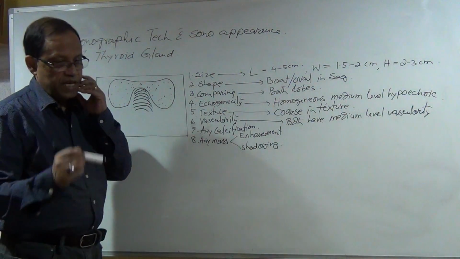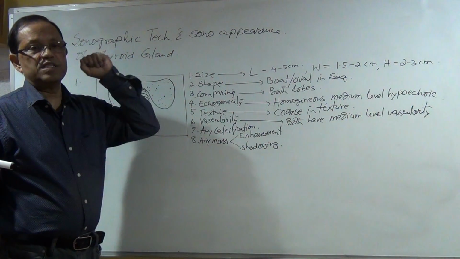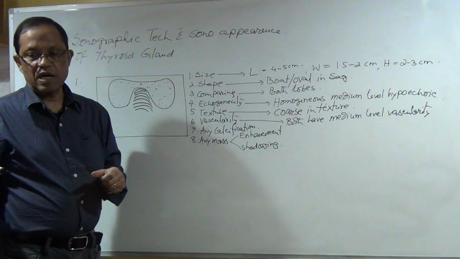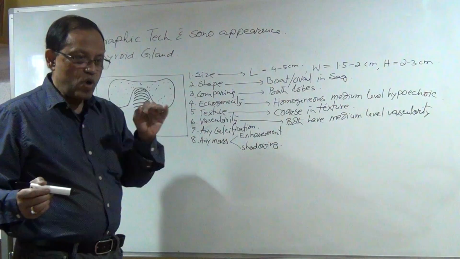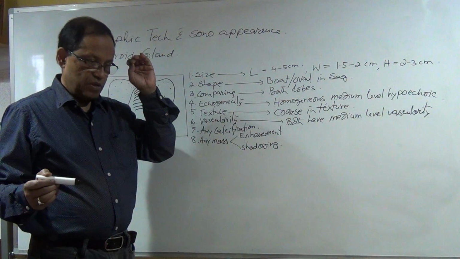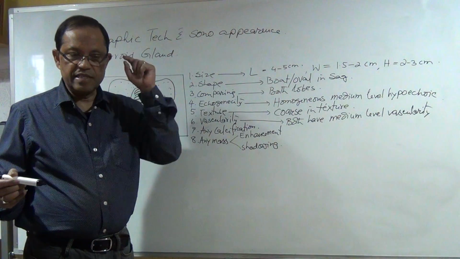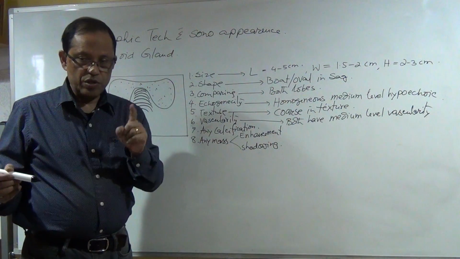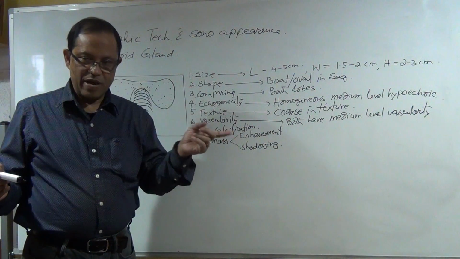Once you set up the color gain, you have to finish the whole protocol with the same setup of the color gain. Don't change it. Vascularity is one of the important ways to understand whether an organ has an infection or not, or has a mass that is malignant or not malignant.